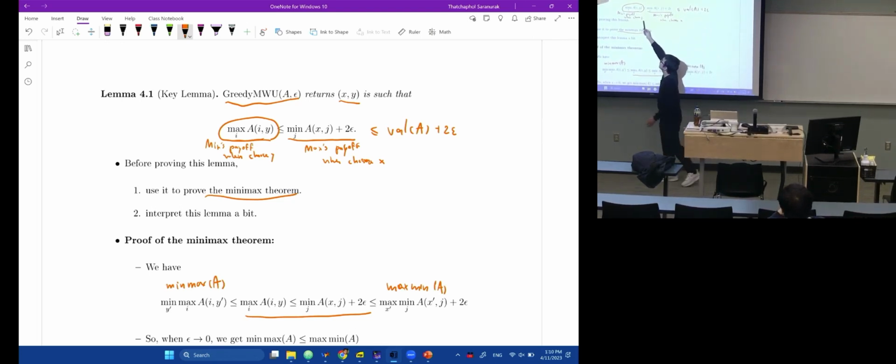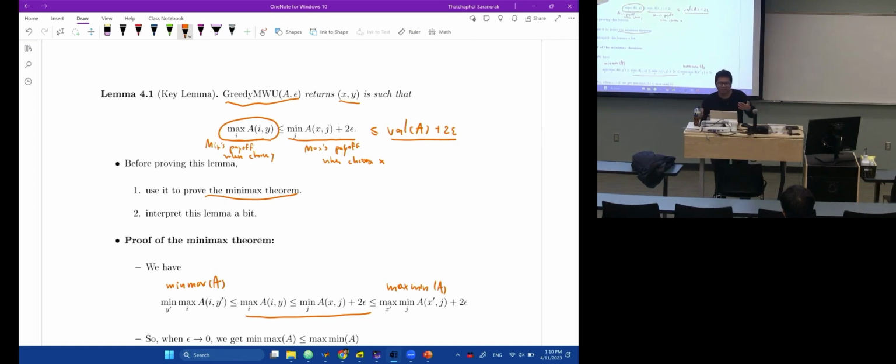So y is a strategy such that even when she announces it, no matter what y is, it's always at most the value of the game.